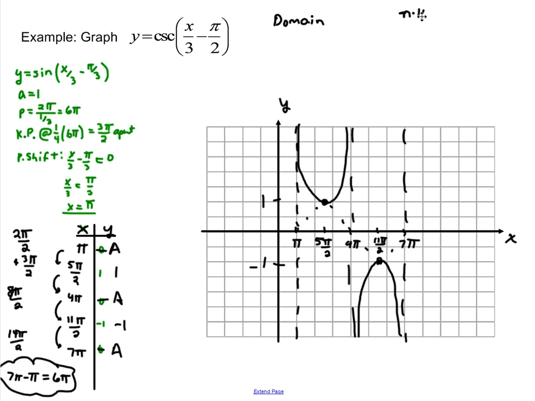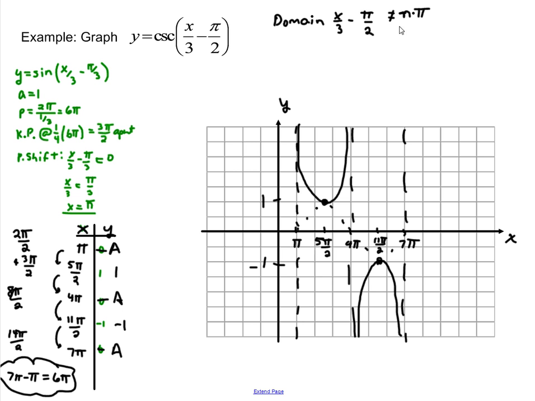We say that if we had a function, we don't want our argument to equal n pi. But in this case, our argument is x over 3 minus pi over 2. So to find our domain, we're going to take the argument x over 3 minus pi over 2 and set it not equal to n times pi, whole number multiples of pi. We have to solve for x.